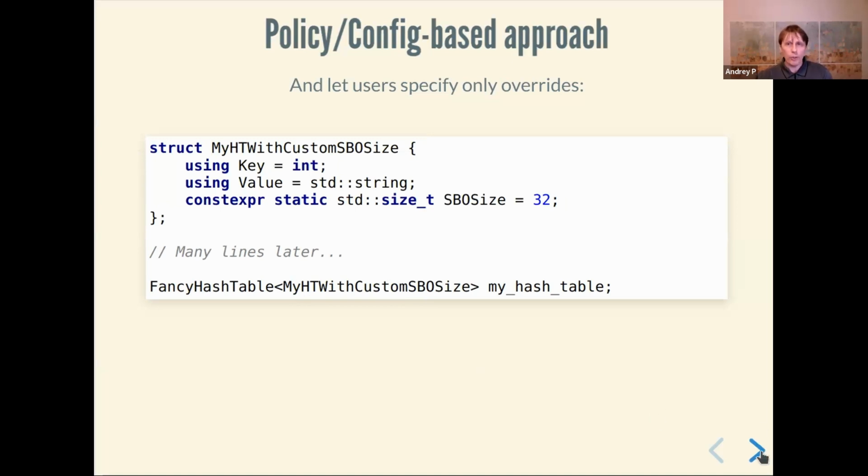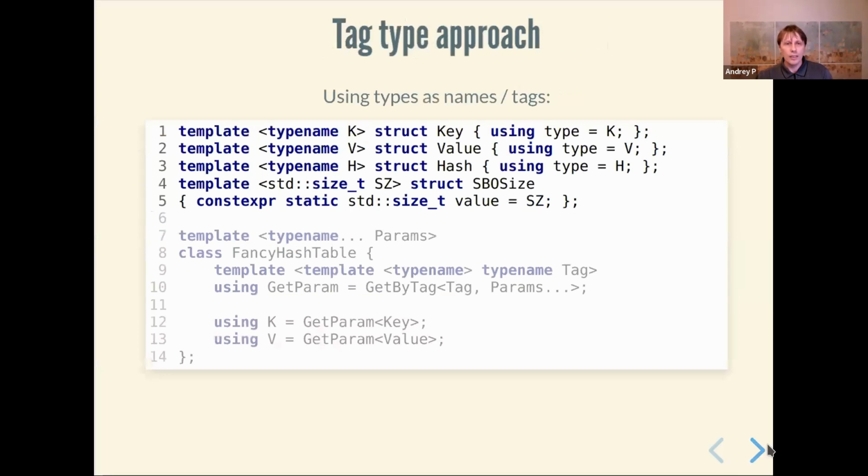So the other approach you can take is to define these tag types. Here we have a key type, which just takes a parameter as a key and wraps it around. So we'll use the struct name as the name of the parameter. We'll have all of these. You can define them for the values and for templates, just small tags.